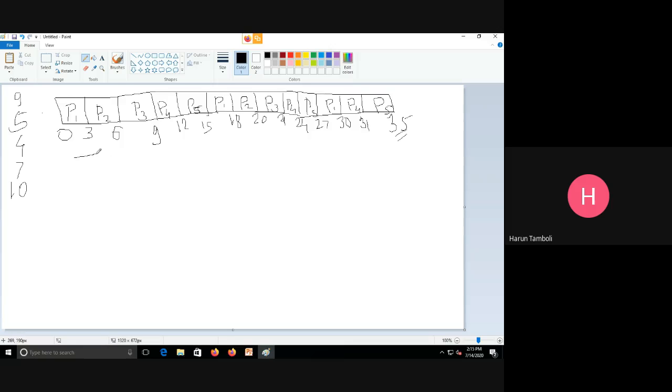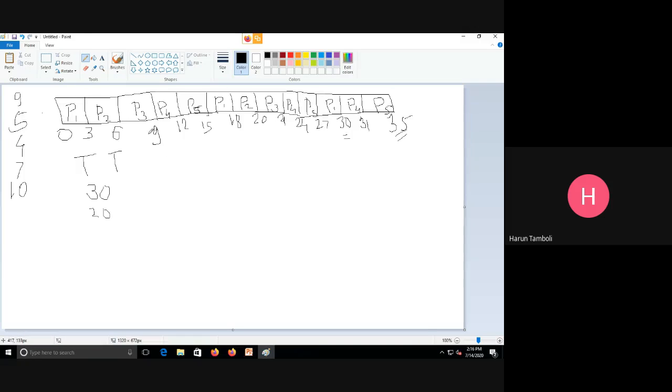Now go for the turnaround time. The turnaround time for P1: complete execution at 30 seconds. So 30 will be the turnaround time for P1. For P2, complete execution at 20. So 20.